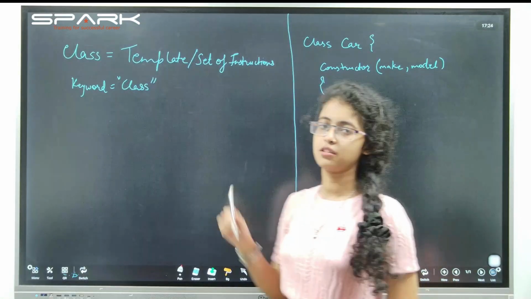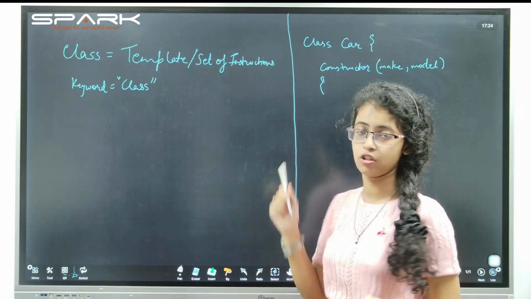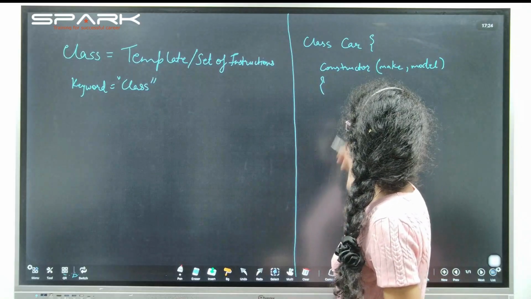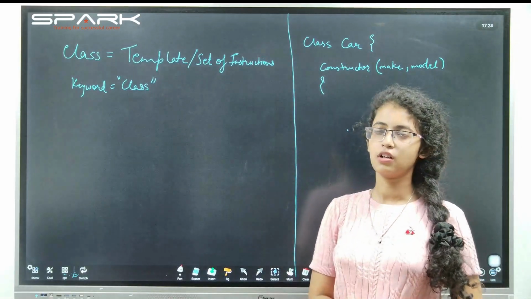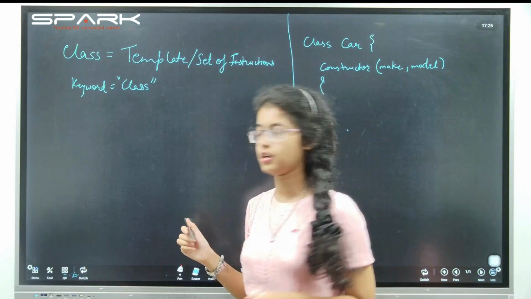Make means the company that made the car, and model is the name of the model of the car.